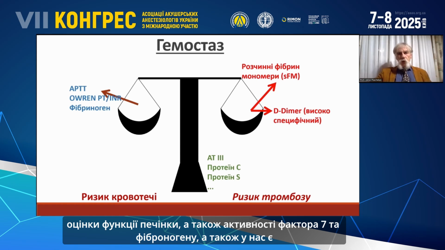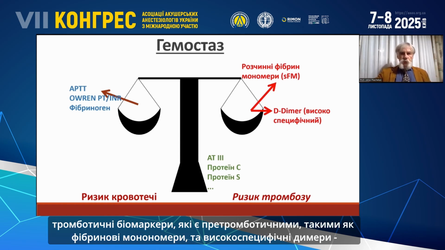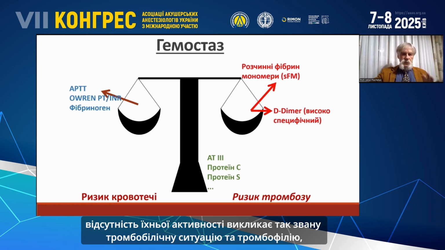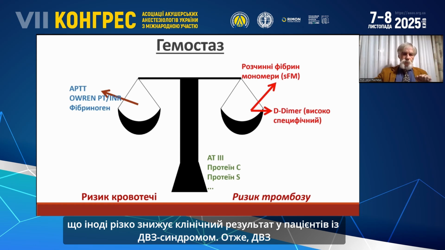Then we have thrombotic biomarkers: pre-thrombotic ones like fibrin monomers, and post-thrombotic ones like high specificity D-dimers. All this is balanced by the natural inhibitors, antithrombin 3 and protein C and S, and lack of their activity causes a so-called thrombophilic situation, thrombophilia, which sometimes dramatically reduces clinical outcome in patients with DIC syndrome.